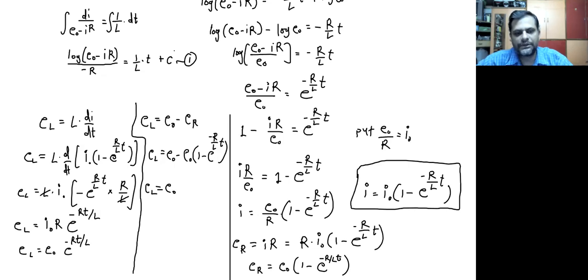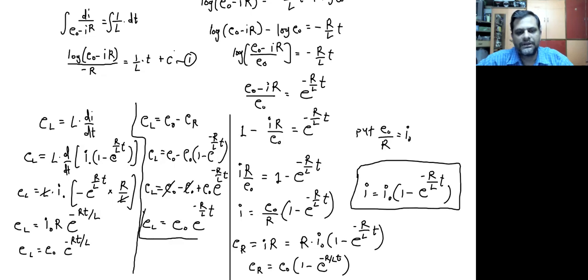So E naught तो वैसे ही रहेगा minus ये E naught, यहाँ पे E naught into 1 becomes E naught only, and minus of minus plus, and here it becomes E naught into e raised to minus r by l into t here, right? So that we can just get this as E naught minus E naught cancel हो गया, बाकी बचा EL जो कि E naught into e raised to minus of r by l into t here.